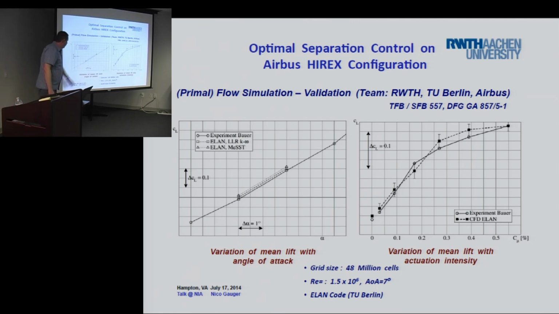Lift polar meets nicely the experiment, and this is now how the lift evolves for the actuation on this first slit on the shoulder of the flap when the actuation intensity increases, and you see we are in a margin of 1% accurate.